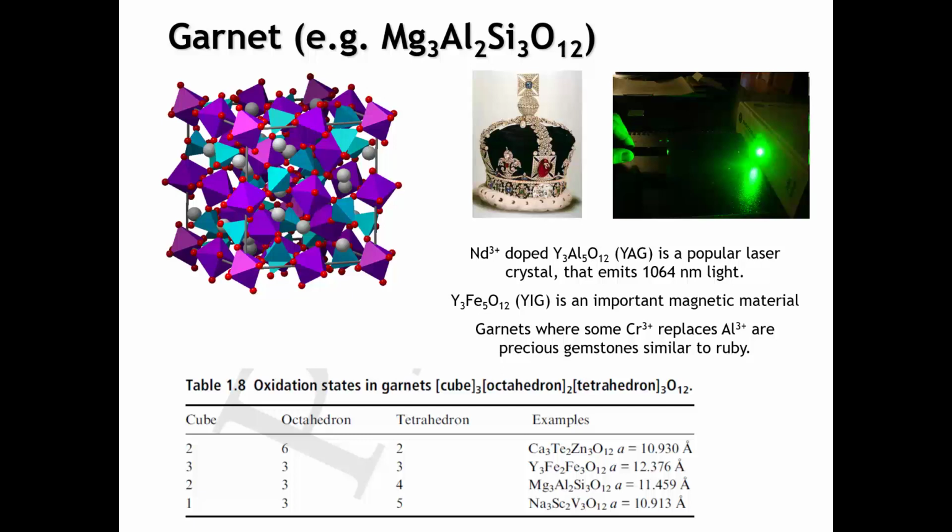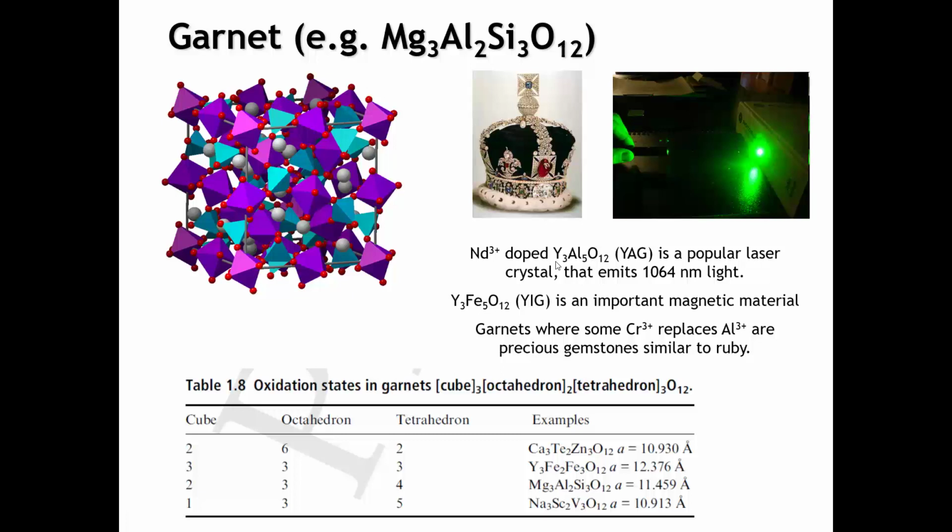Garnets also find important technological applications. If you take a garnet that's called YAG, Y3Al5O12, in that case aluminum occupies both the tetrahedral and the octahedral sites, and then we dope in a small amount of neodymium for yttrium, we get what is arguably the most important laser crystal known.